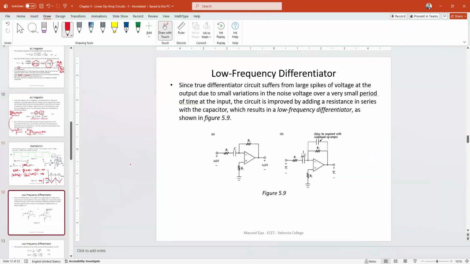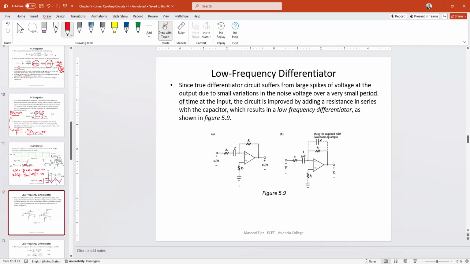So when you take the dV over dt, the rate of change can be very large, and that can send spikes at the output, impulses at the output whenever that happens. And then, of course, it's not going to work in the real world situation, especially if you have a noisy environment.